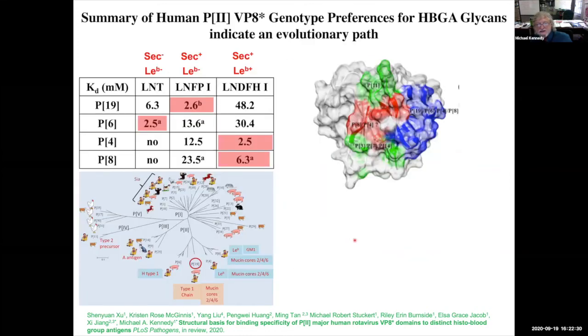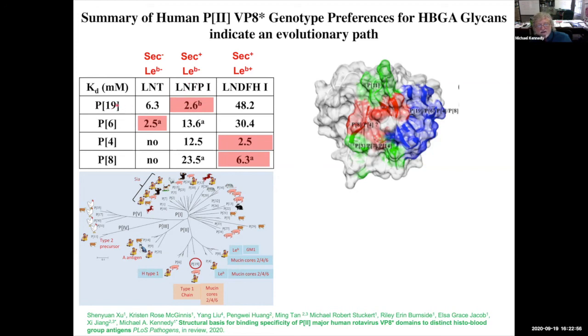Now, the last thing I'm going to show here is that we did measure the KDs for all of these various combinations. You'll notice here we have P19, and these are millimolar dissociation constants, so they're not that tight. It's kind of ideal for measuring by NMR, I suppose. But each one has its own preferred glycan ligand.